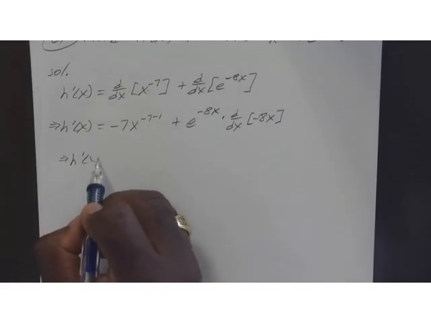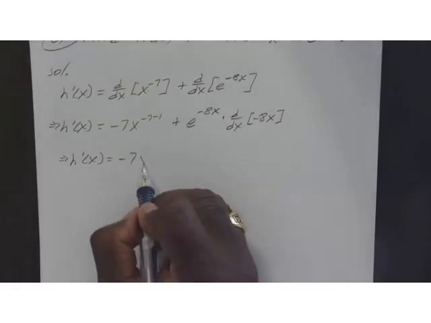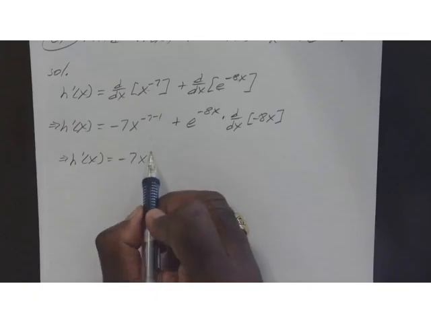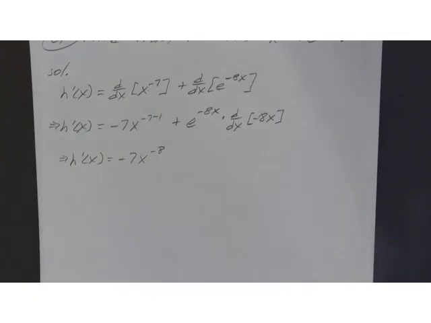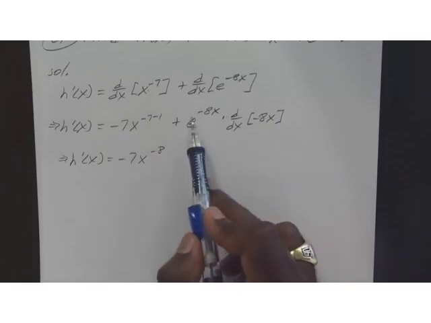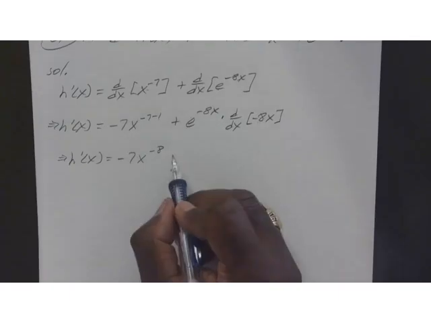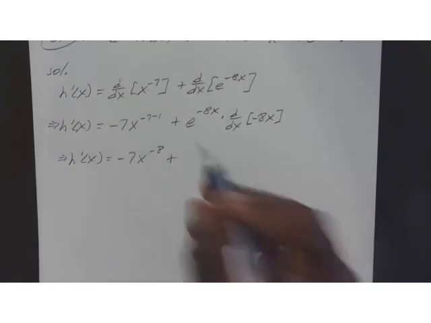So your h prime of x is going to equal negative 7 times x to the power of negative 8. And that negative 8, we can go ahead and move that out to the front. Actually, let me not skip a step.